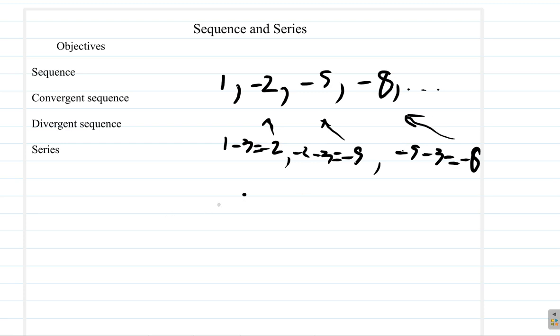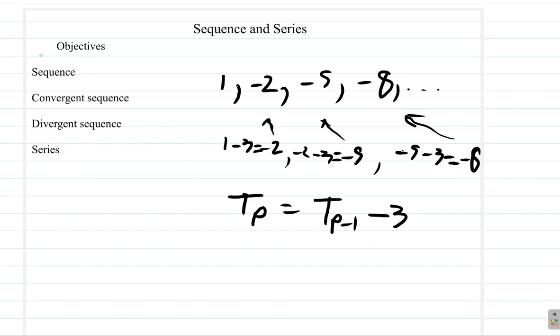So to get the term in a certain position, you look at the previous term, P minus 1, and you subtract 3 from it. So T_P is T_(P-1) minus 3. That's a general rule for generating these terms.